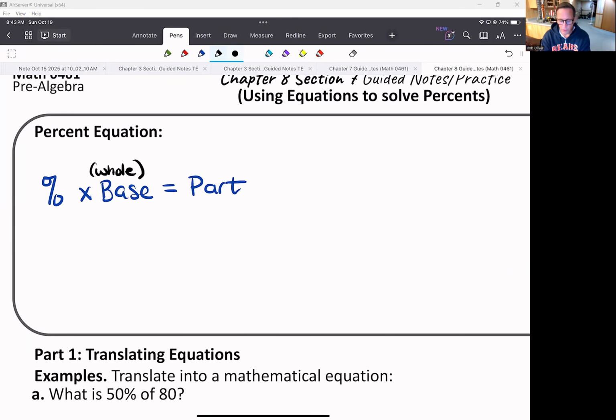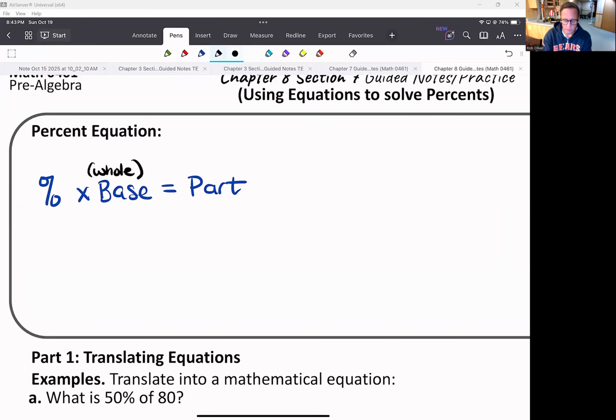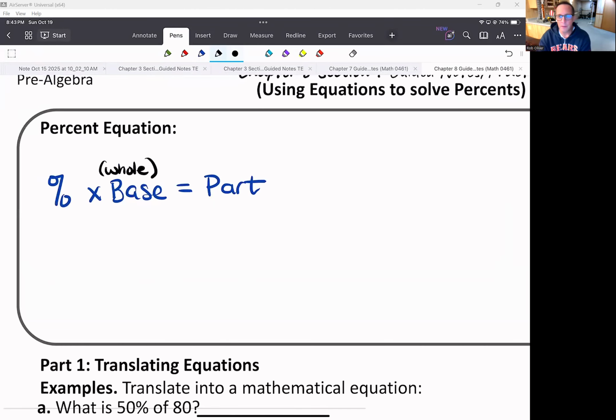It depends on what the percent problem is. A lot of times the whole is the original price of a shirt. If you're looking for a discount, it might be the price of a shirt without the discount or without tax. The price of the meal without tax or tip could be the whole.